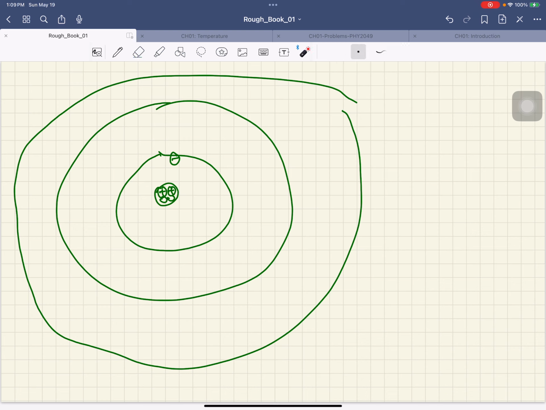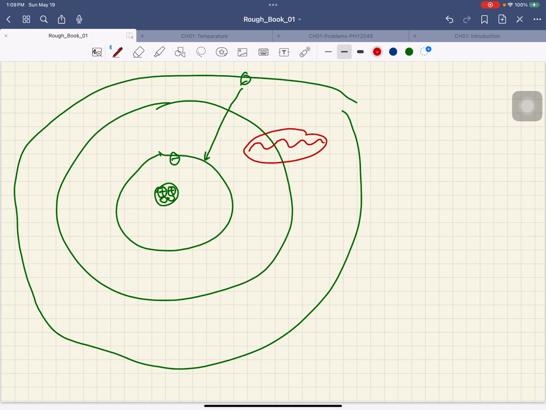So here's an excited helium atom, and when this electron falls back, it emits a photon. And the energy of this photon depends on this energy difference. So every atom and molecule has its unique fingerprints. It has a unique spectrum.